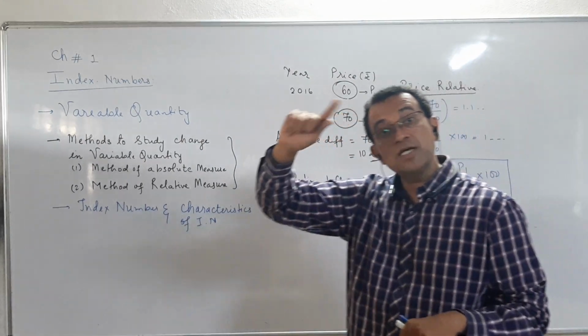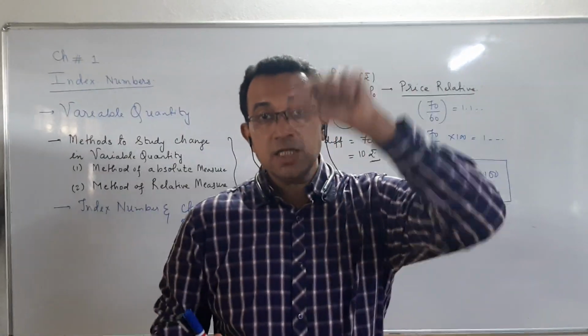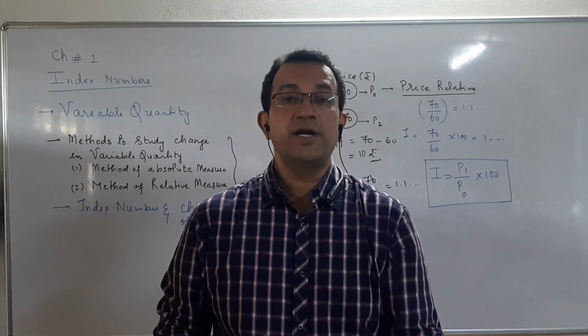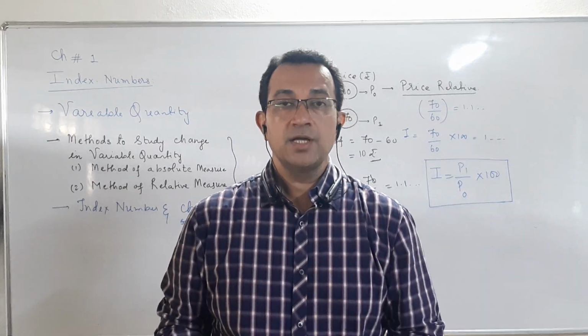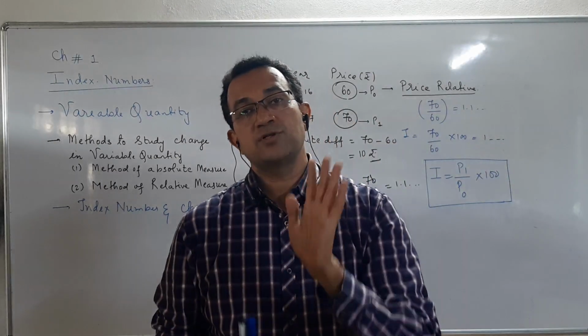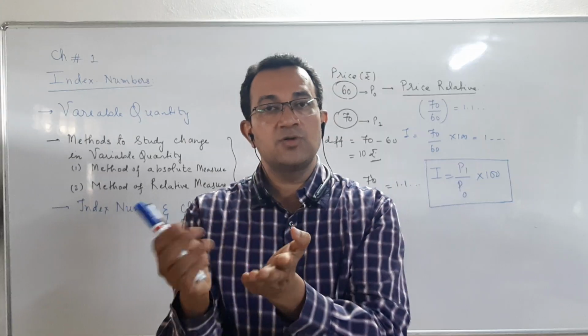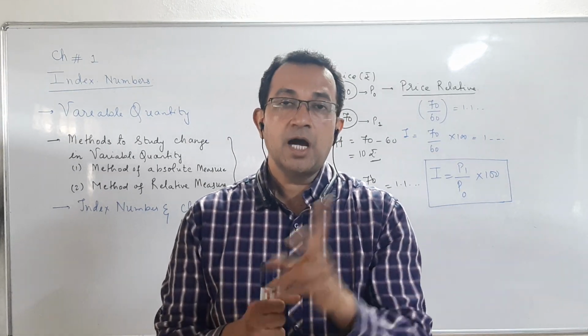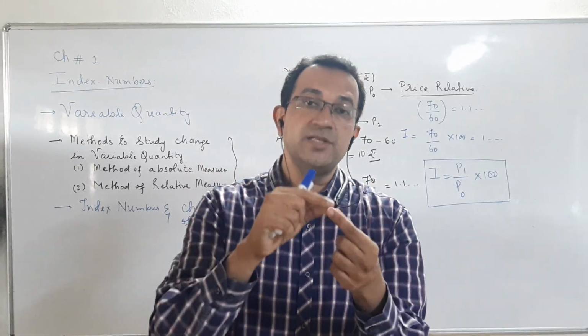A fixed year of past with respect to which the current year's value is compared, students, that year is called a base year. Suppose 2008 and 2013. Now 2008 is a year of past and 2013 is current. Out of given two time periods, the lower value will always be the base year.